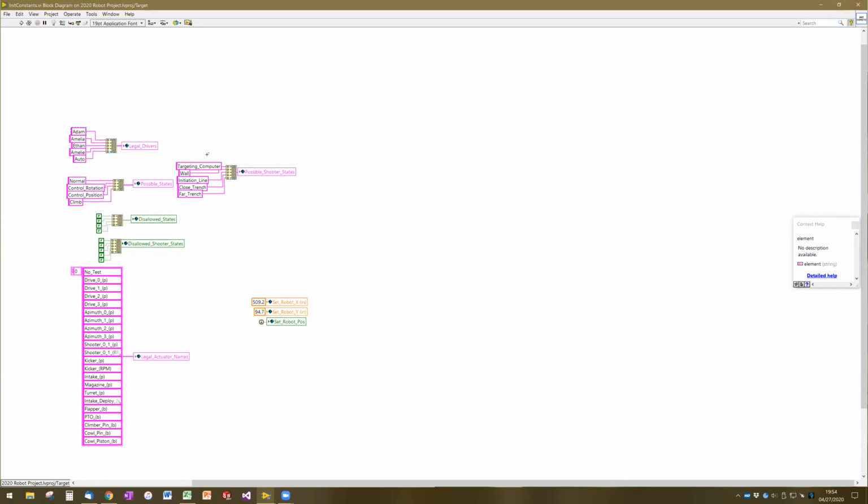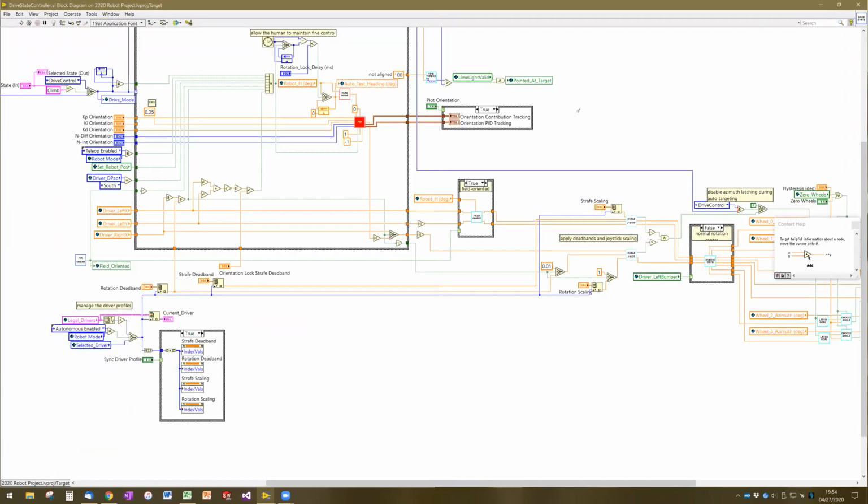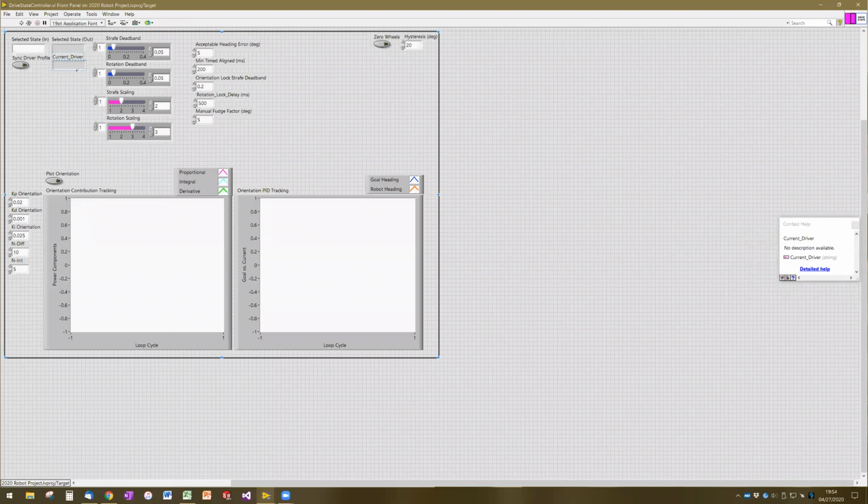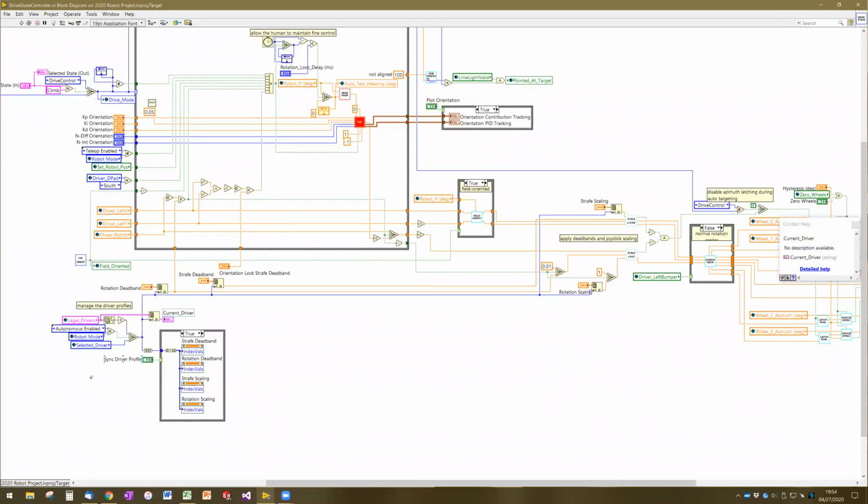So those are our list of legal drivers. This list also appears on the dashboard, and the information we're getting back from the dashboard is the driver number that's selected. This will display the current driver's name, so it's clearer whose drive profile you're editing at any given time. And then that number goes to the array indices.